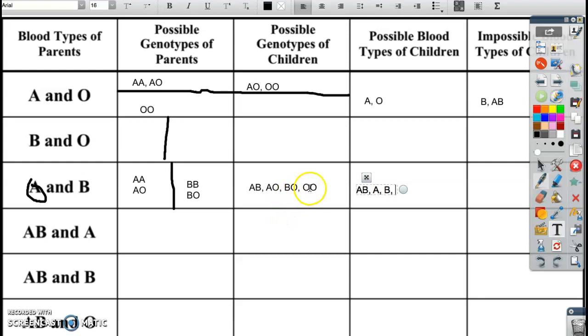And last but not least, if it's OO, the blood type would have to be O. So, with one parent being A and one being B, you could have any of the four blood types, and therefore the impossible blood type would be none. There would not be any blood type that's not possible in that particular combination. And so if you just continue to do the rest of the chart using the same general principles, then you'll be in good shape.